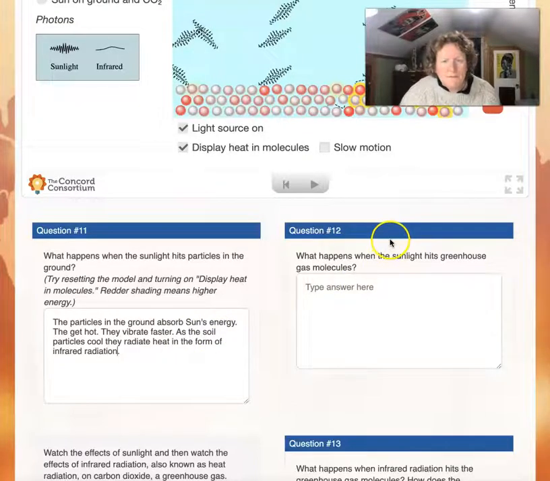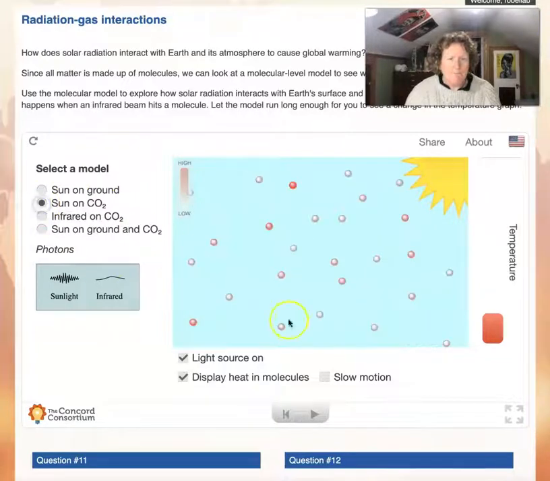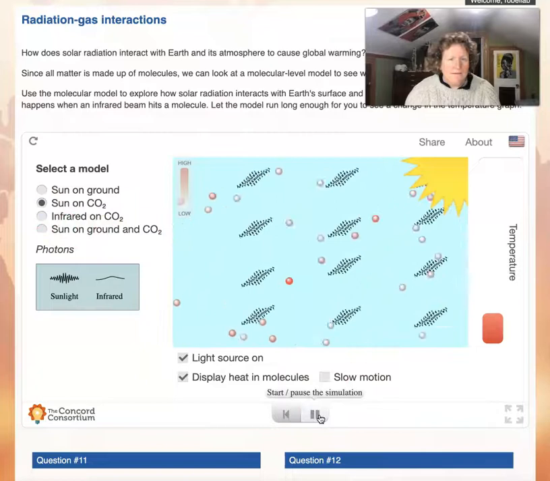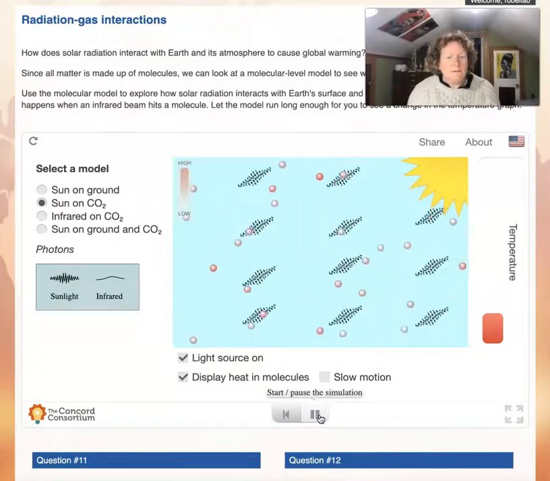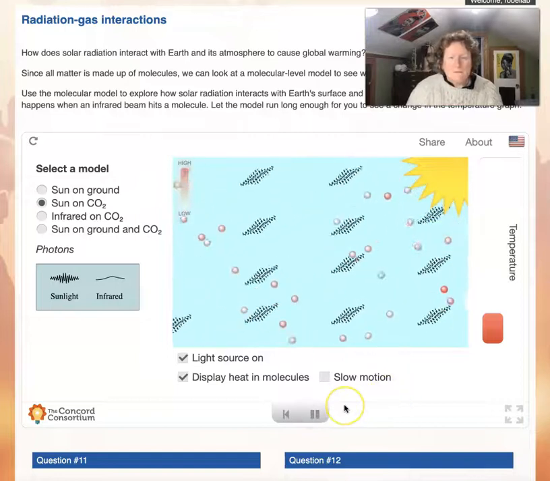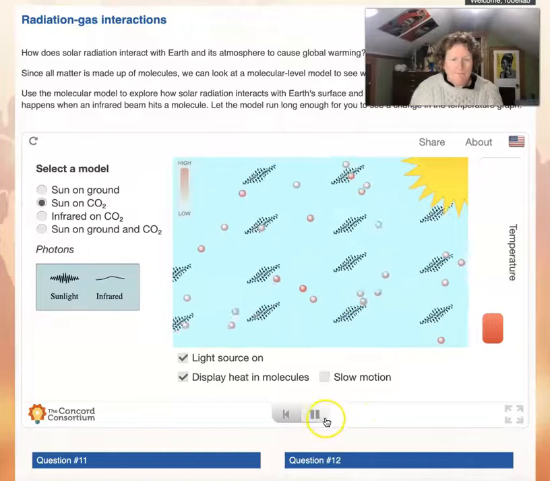What happens when the sunlight hits the greenhouse gas molecules? Well, let's see the sun and CO2 here. It doesn't seem to be really interacting. There's nothing really happening. So the sunlight doesn't interact with CO2 or water vapor.